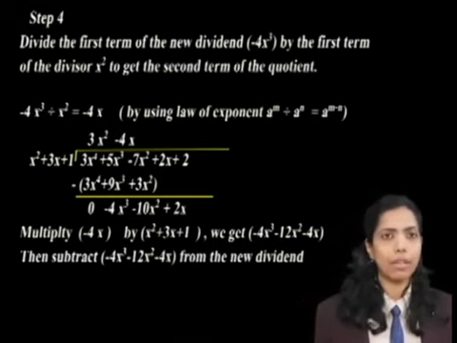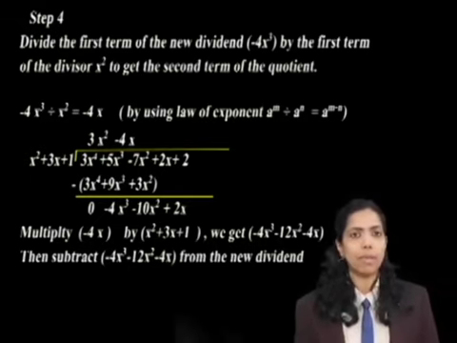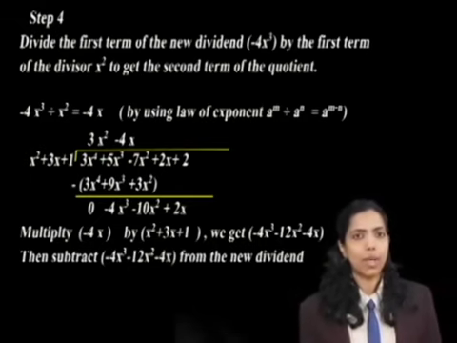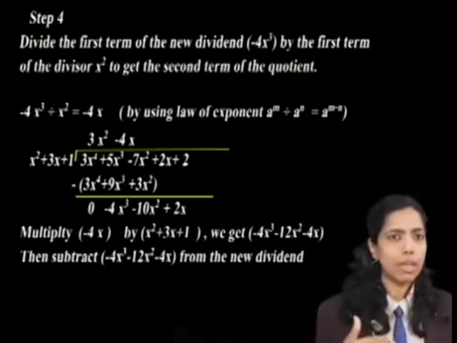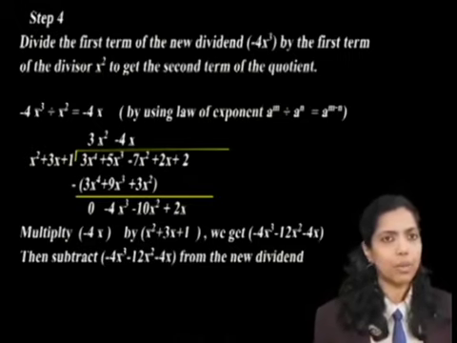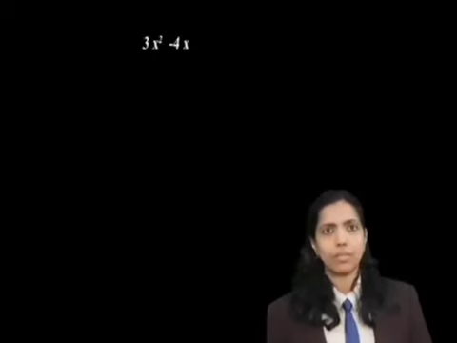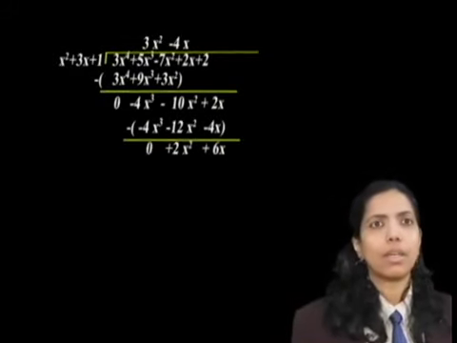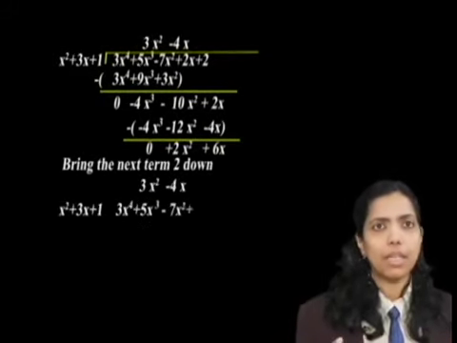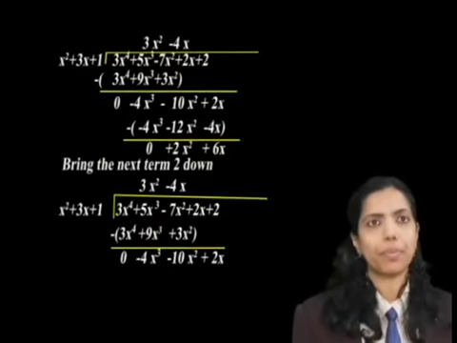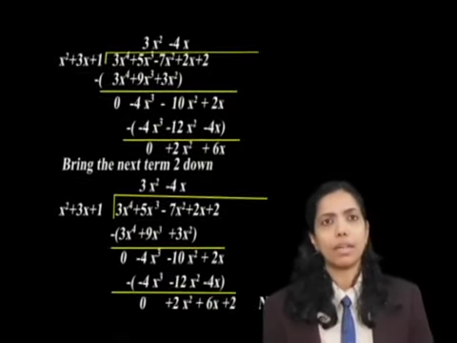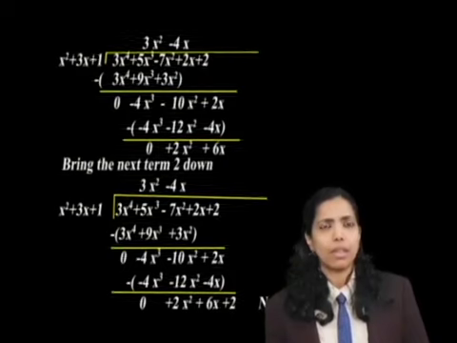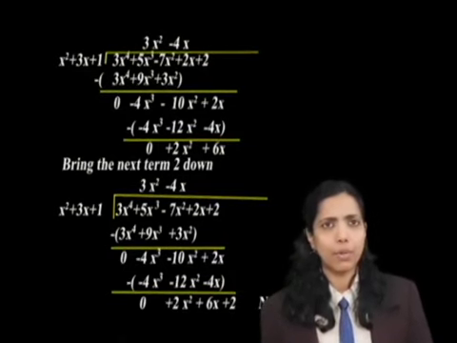Again we have to write down below the new dividend, minus 4x to the power 3 minus 12x square minus 4x, according to the degree. Then we have to do the subtraction.